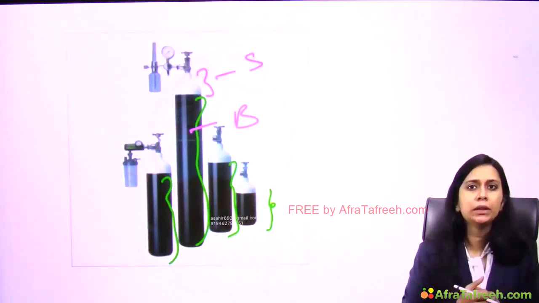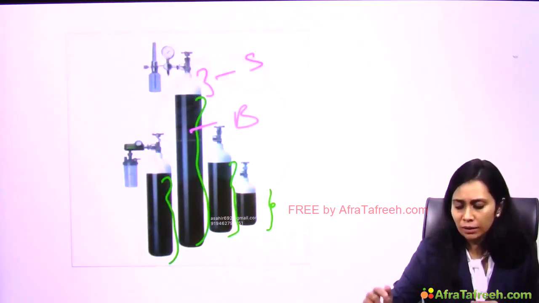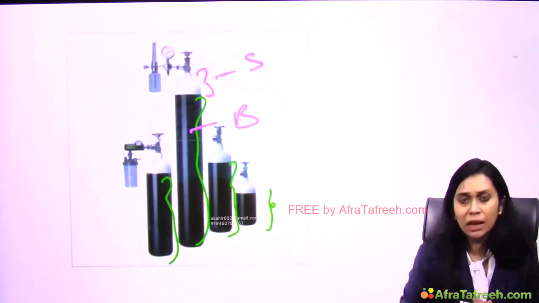People were making mistakes. We needed a foolproof mechanism to prevent this mistake. So, to prevent this mistake, a very important thing was established, something called the pin index system.